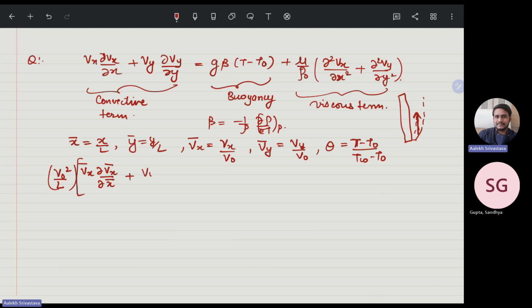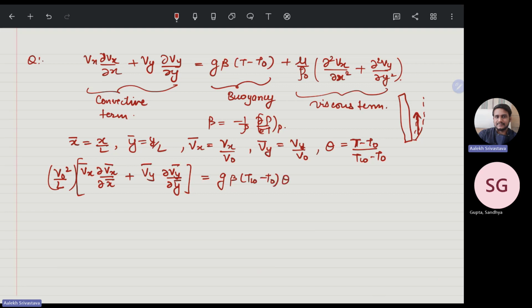So I will write in bracket Vy bar del Vy bar by del y bar is equal to g beta (T wall minus T infinity) into theta.